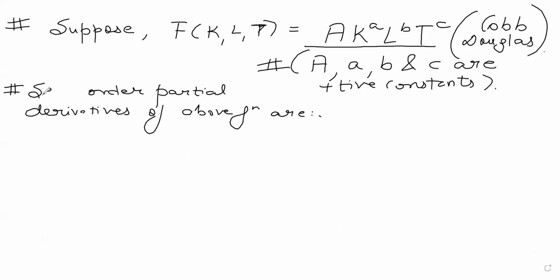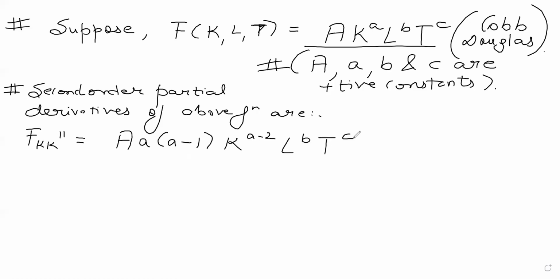I can write the second order partial derivatives of the above function are, if I calculate the direct derivatives, fkk double dash will be a, a minus 1, k to the power a minus 2, l to the power b, t to the power c. Remember, fkk double dash you get by differentiating fk dash again with respect to k.